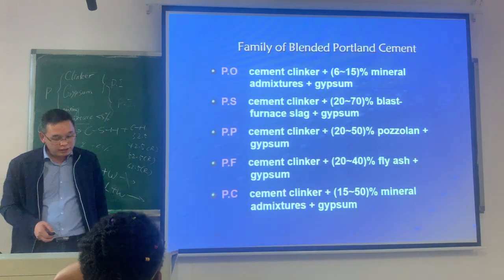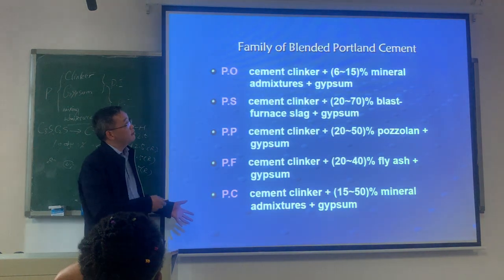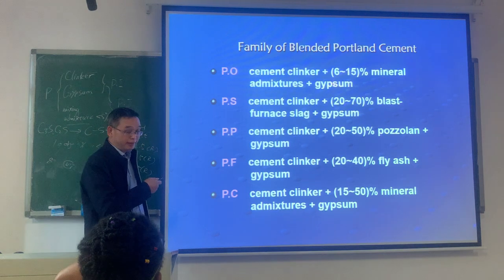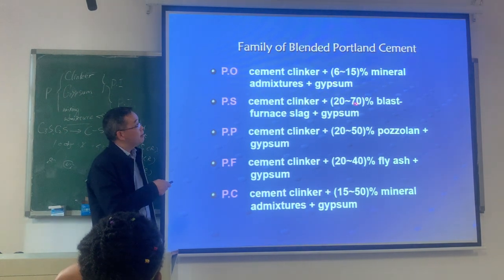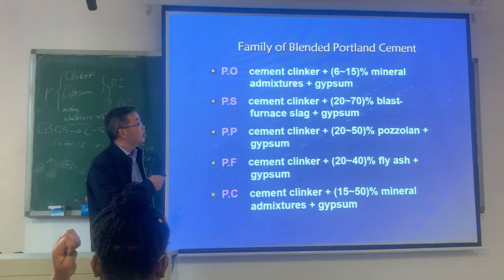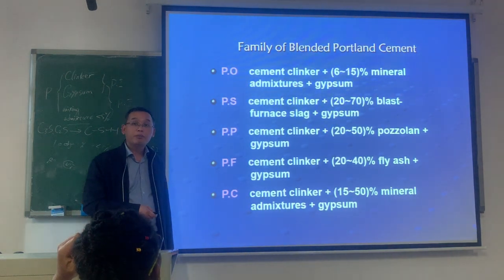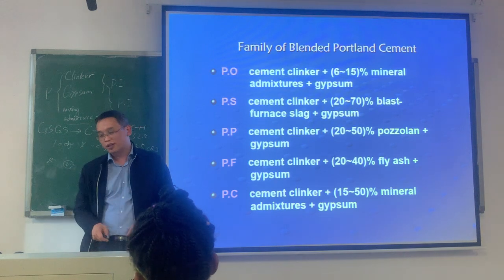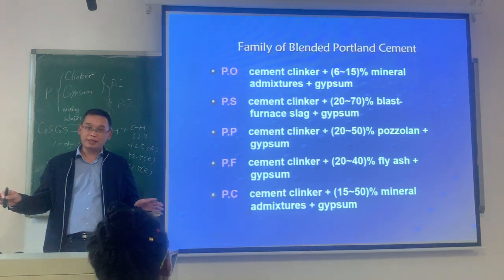So we can produce different kinds of blended Portland cement. If we add below 15% mineral admixture, we get PO. PO means ordinary Portland cement.